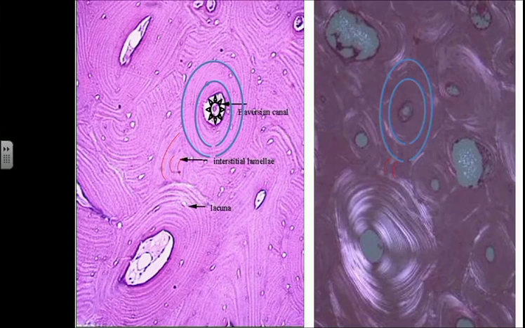So with the concentric lamellae forming circles around the Haversian canal, and the osteocytes with the arranged collagen fiber, they form the basic metabolic unit of the bone, which is called osteon. And this will be described in more detail when we go over physiology of bone with Dr. Smallman.